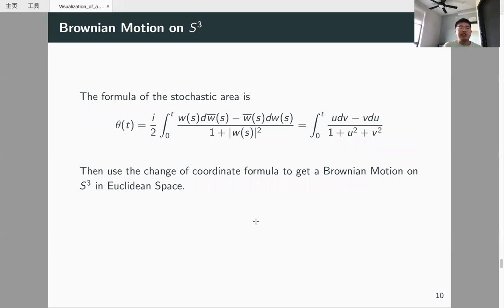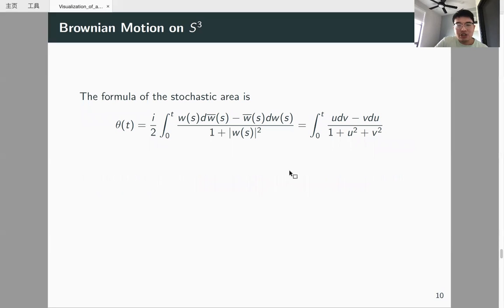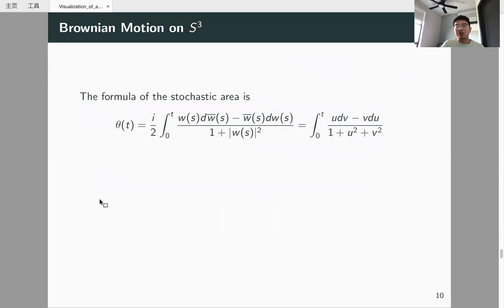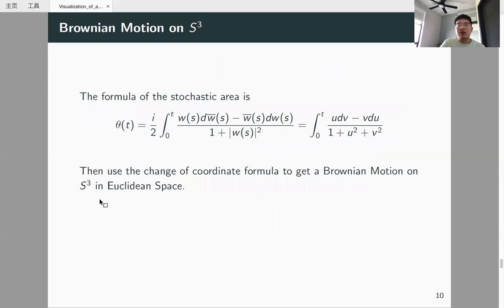And then we use the change of coordinate formula as said before to get the Brownian motion on S3 in Euclidean space, because what we have now is U, V and theta. That's another frame of coordinates, but we want to visualize it in our Euclidean space. So we need to map it back to our regular Euclidean space.